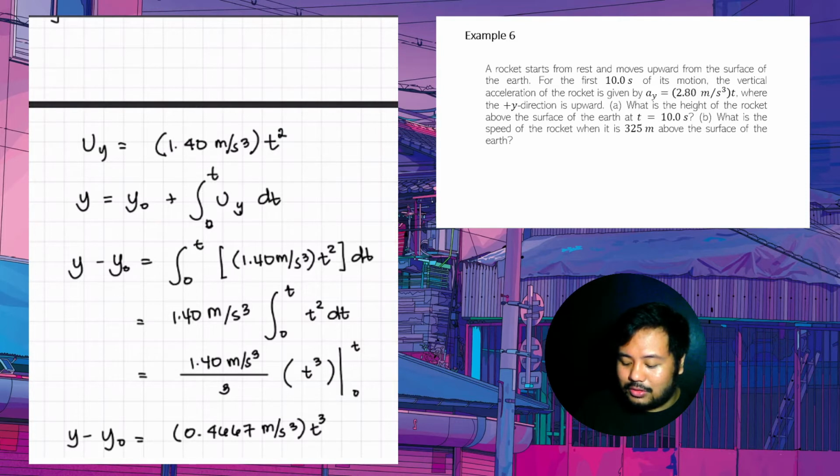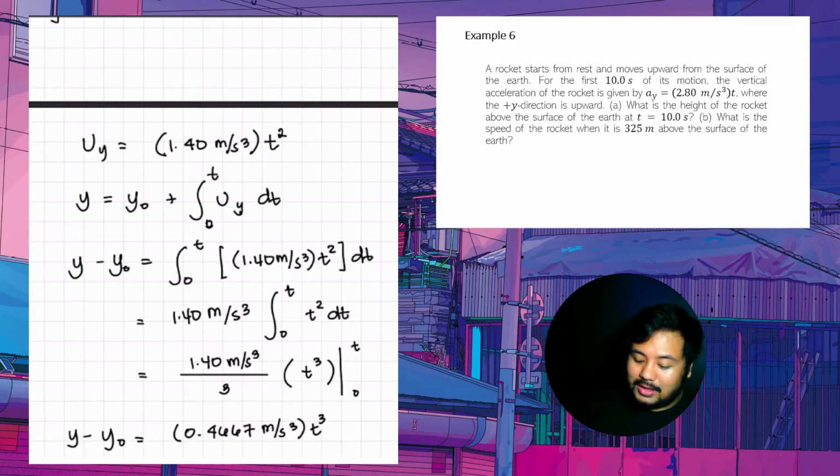So in order for us to integrate this one, we have to multiply here with 3, and we also have to divide, or multiply with 1 over 3, or 1/3. So 3 now will go up. 2 plus 1 right away, right? So we now have 1.40 meters per second cubed over 3 times t cubed evaluated from 0 to t.